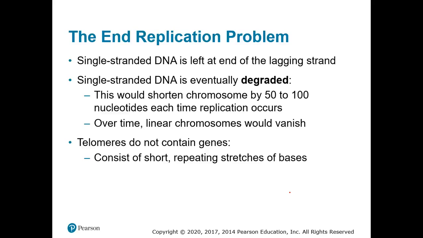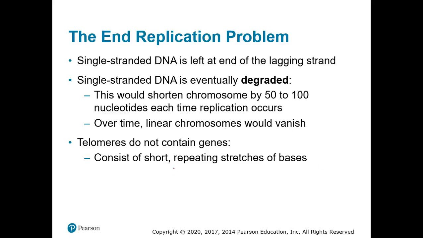When that DNA vanishes, and it's usually about 50 to 100 nucleotides, we want the DNA that vanishes to be junk, right? We do not want our chromosomes to disappear, the actual important information. Over time, our linear chromosomes would vanish because every single time that they are replicated, we lose a little bit of them.